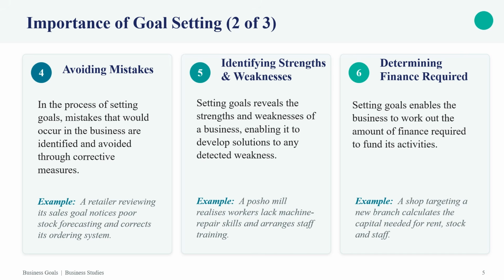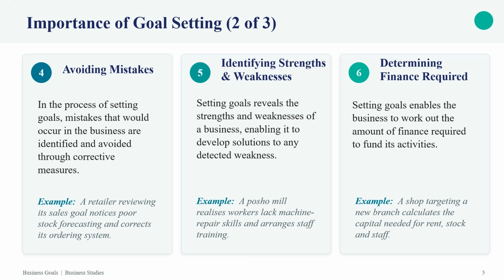So the process of goal setting enables the business to determine the finance or the capital that it requires. A shop targeting a new branch usually calculates the capital needed for rent, stock, and staff.